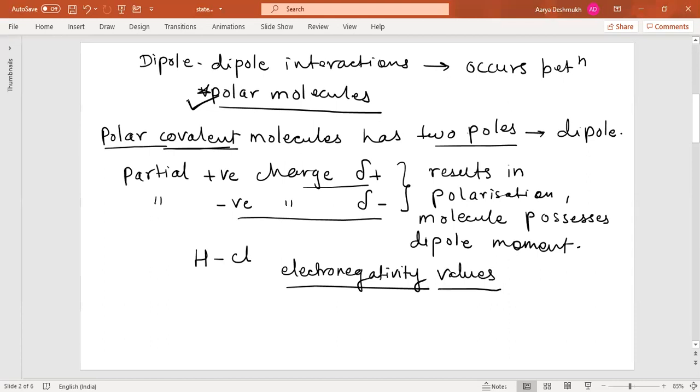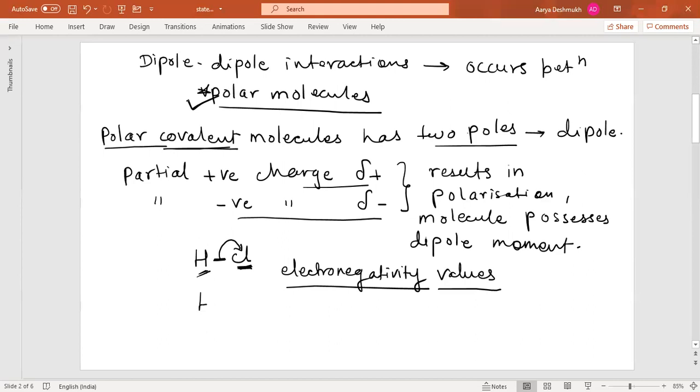So if you look at this hydrogen chloride molecule, chlorine has a much higher electronegativity value than hydrogen. It means that chlorine is more electronegative than hydrogen. So the bond pair existing between hydrogen and chlorine is somewhat shifted towards chlorine due to its more electronegative nature.